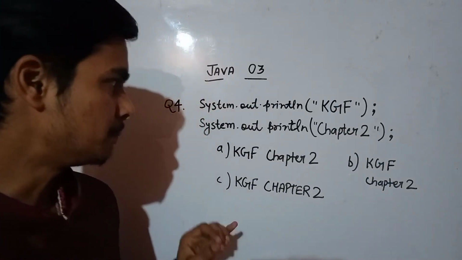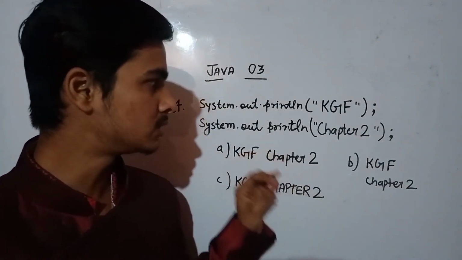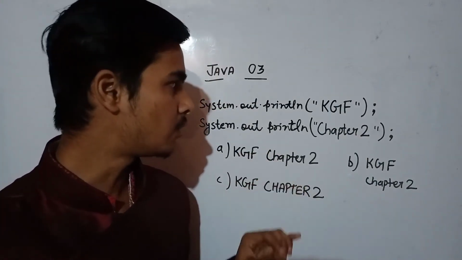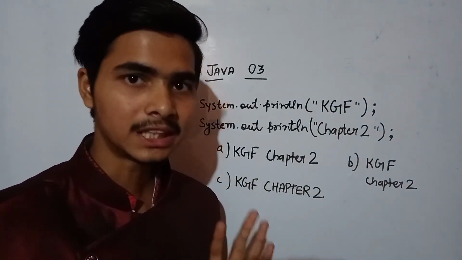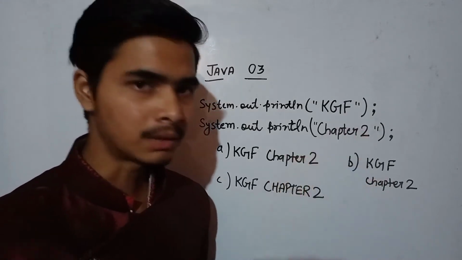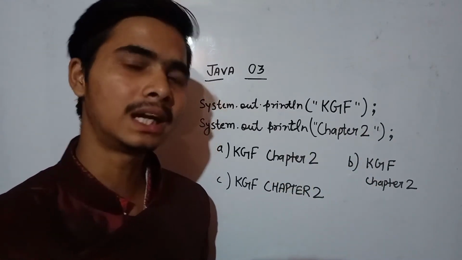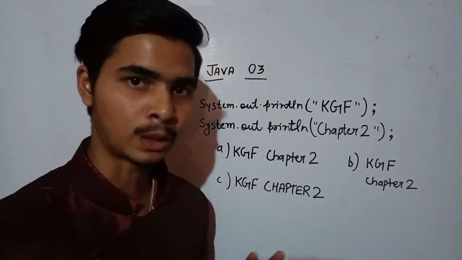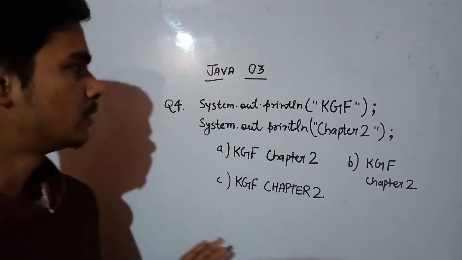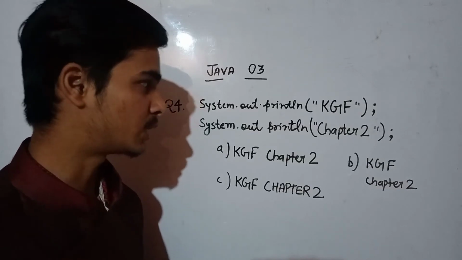The main motive of this question is that till now we have only given some words, but I wanted to make clear that you can also print any number, you can give any number also, and that will also get printed. So that is the motive of this question. Okay, so what is going to be the output of this program?